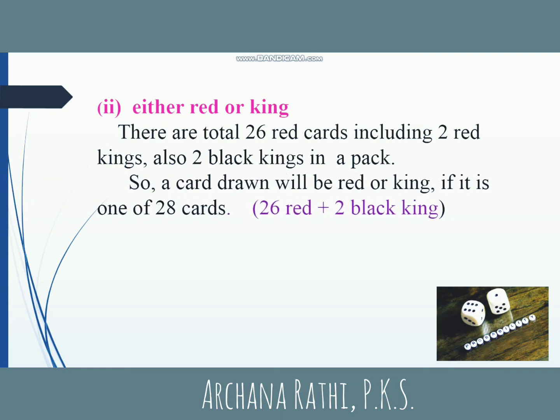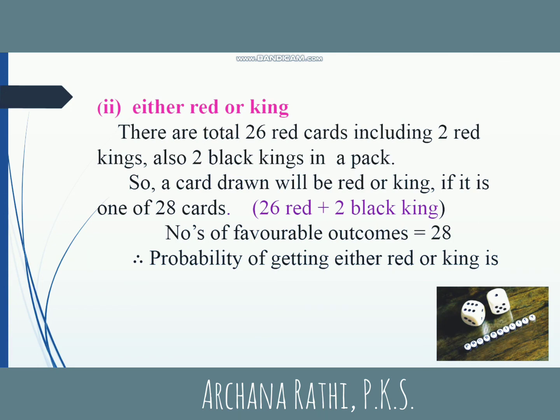Therefore a card drawn will be red or king if it is one of the 28 cards, that is 26 red cards including 2 red kings plus 2 black kings. Therefore the number of favorable outcomes is 28 and the probability of getting either red or king is 28 upon 52, that is in the lowest form 7 upon 13.